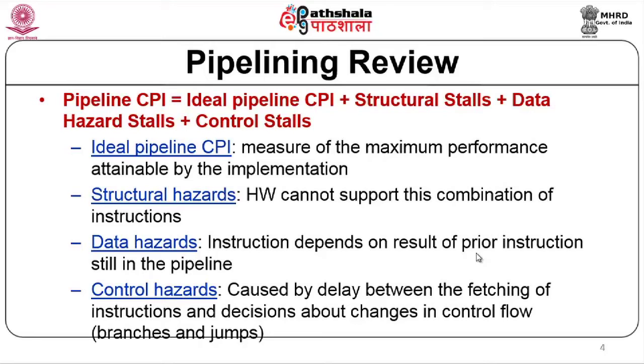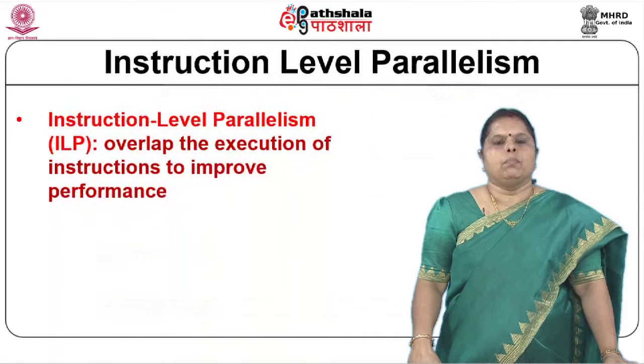You have control hazards because of control dependence, and because of that you can't do certain instructions out of order. All these give rise to stalls, and these stalls increase the pipeline CPI of your ideal implementation. So you can't just have an ideal pipeline CPI of 1. All these stalls will increase the pipeline CPI.